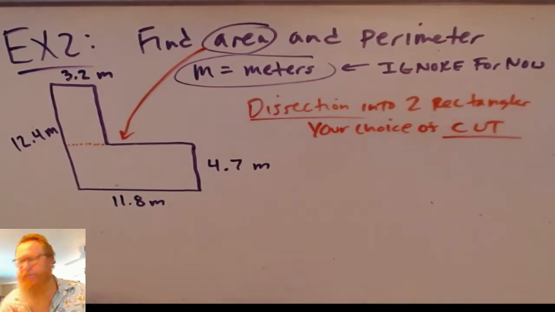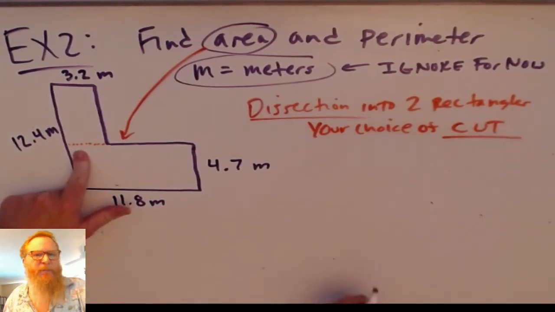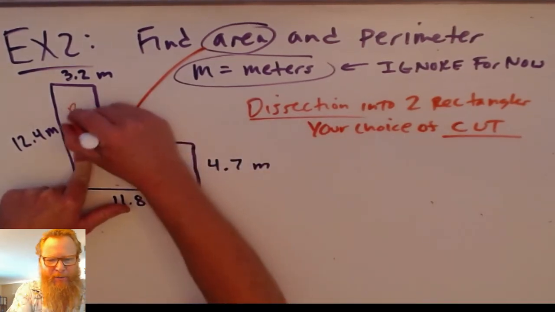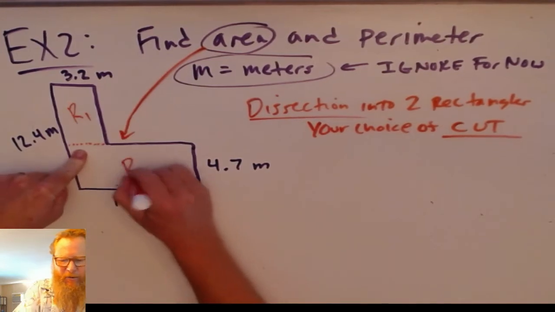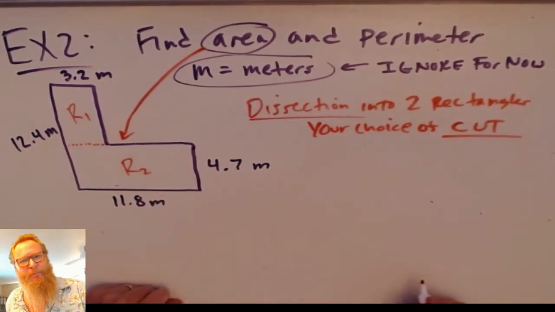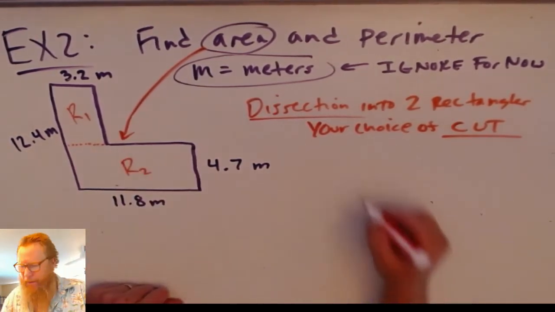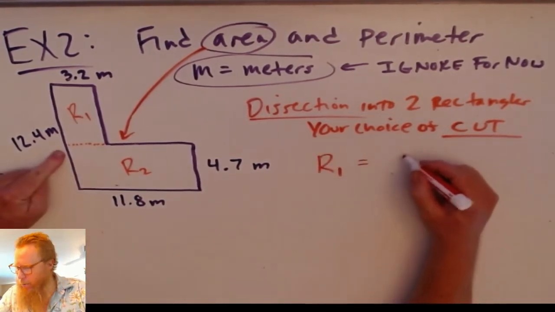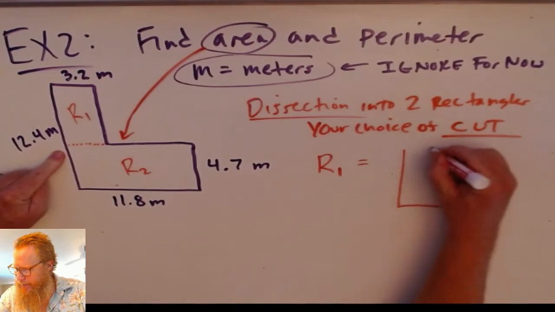It's only one cut. I guess I'll just go with this one, and I already have it there. So you've got rectangle number 1, R1, and rectangle number 2. All right, R1 looks like this.